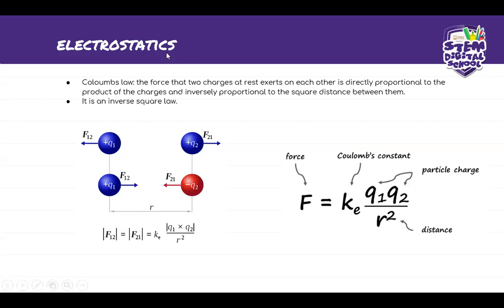So there is our equation right there, which says the force is equal to the Coulomb's constant times the charges, which is charge 1 times charge 2, divided by the distance between them. Okay. So that's how we calculate the force for Coulomb's law. I hope that everybody understands.